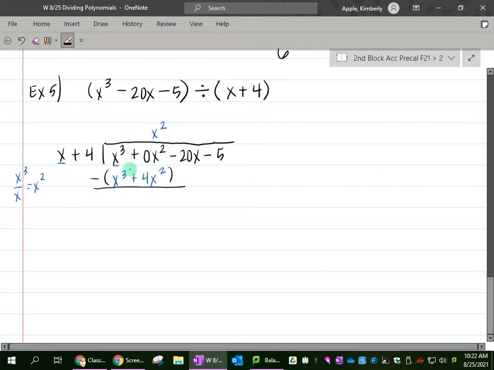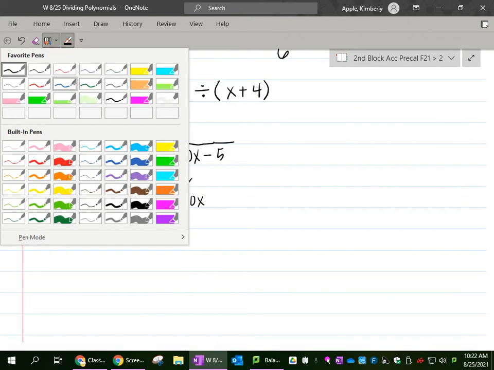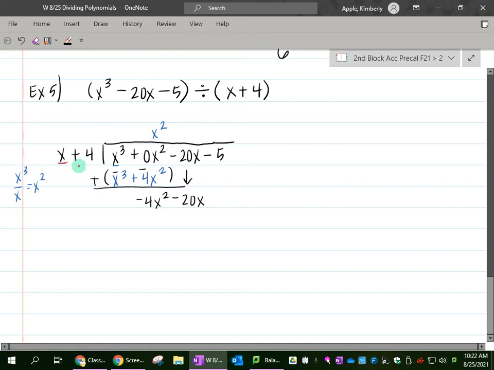All right. So subtract, distribute negatives, negative 4x squared. Bring down the negative 20x, excuse me. And now let's do it again. Oh, I need a different color. X will go into negative 4x squared how many times? That's negative 4x.